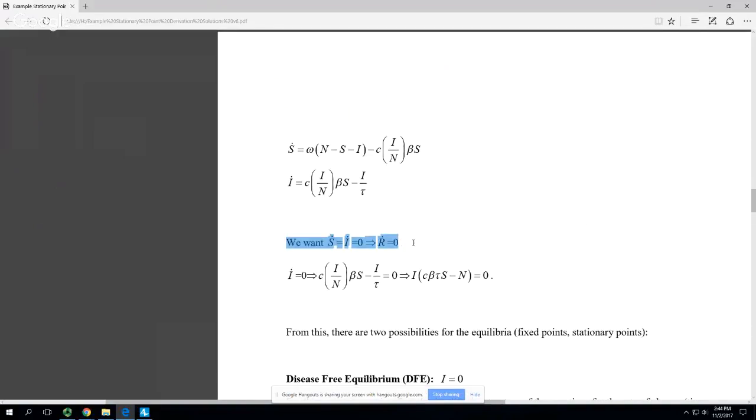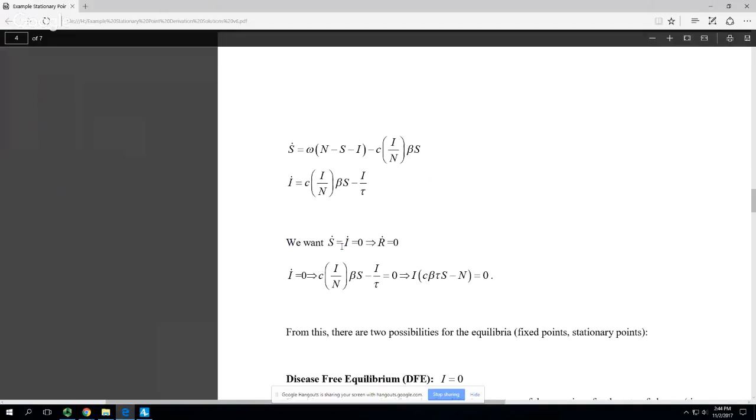Now, I say here that we want these things equal to 0. Why do we want those equal to 0? I want to make sure everyone has comfort with this. Why are we solving for S dot and I dot equals 0? Yeah, at equilibrium, things aren't changing. The stocks aren't going up, they're not going down.